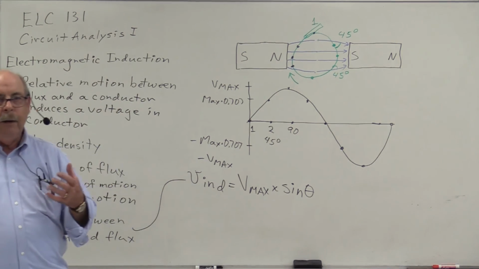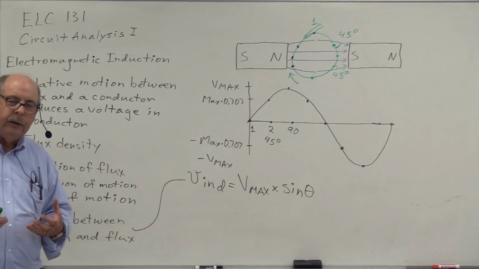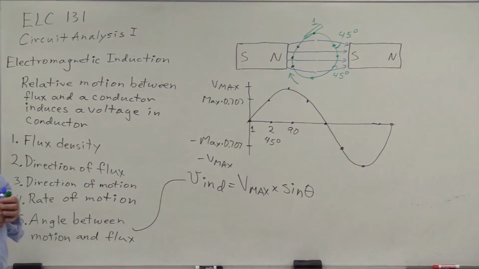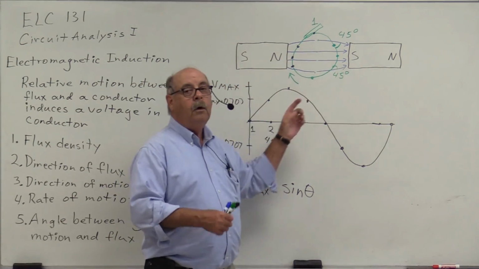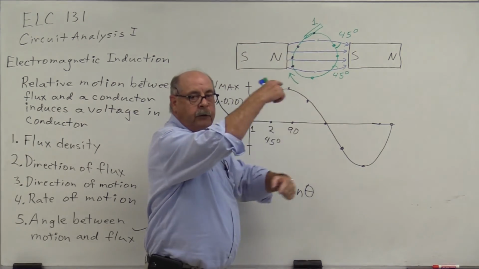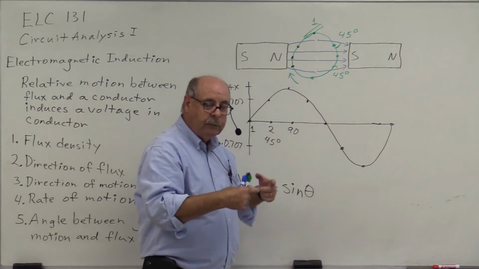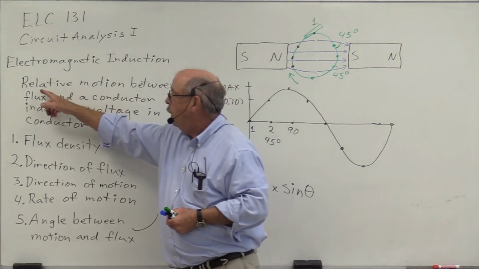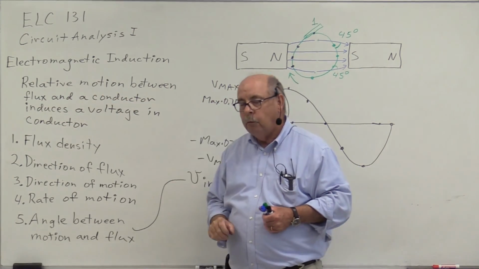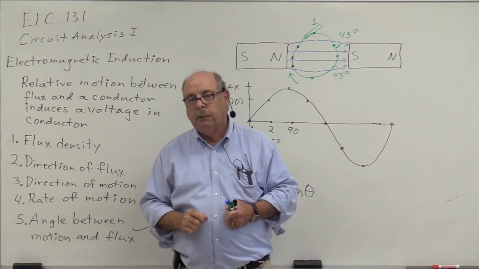This is how electricity is generated, by either rotating a conductor through a magnetic field or rotating a magnetic field around the conductor.